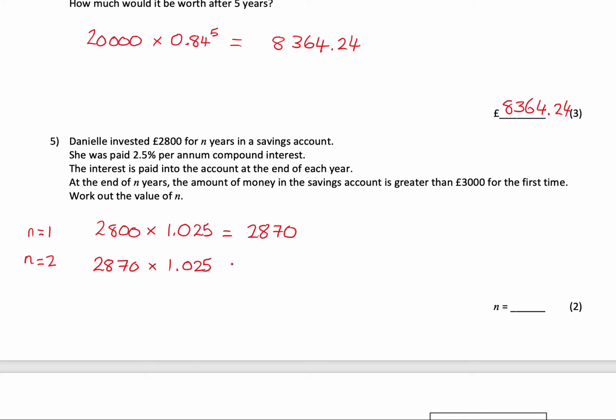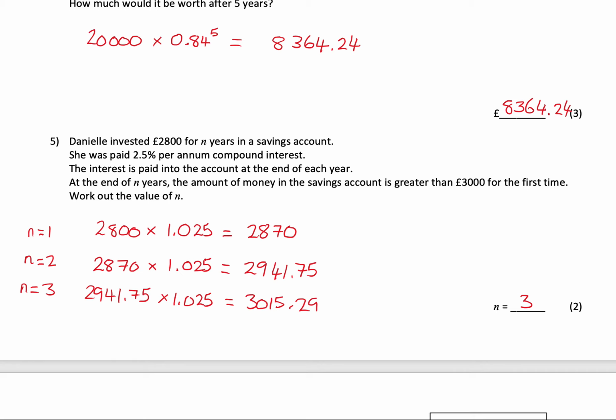So use the same multiplier, and that gives us £2,941.75. And after 3 years, we'd start with that amount and that would give us £3,015.29. So that is when we first exceeded £3,000. So that is 3 years.